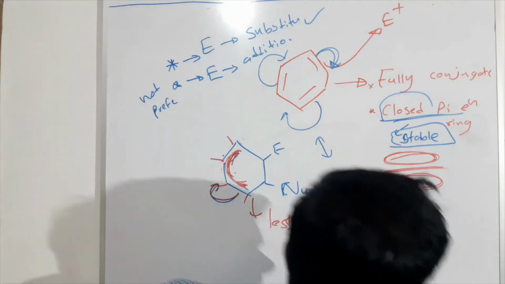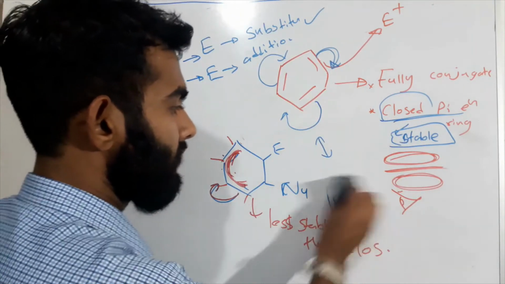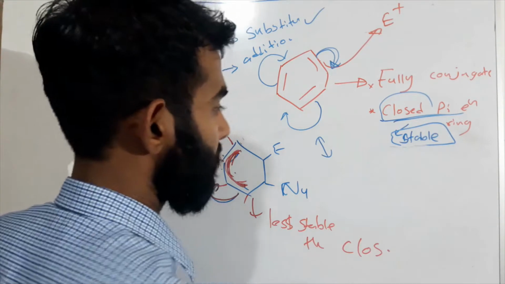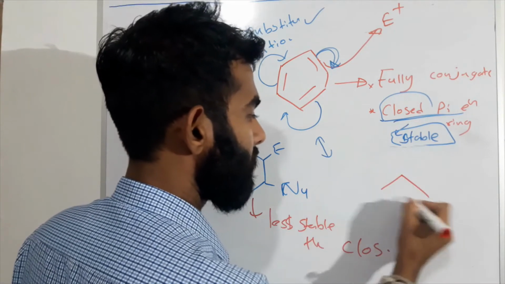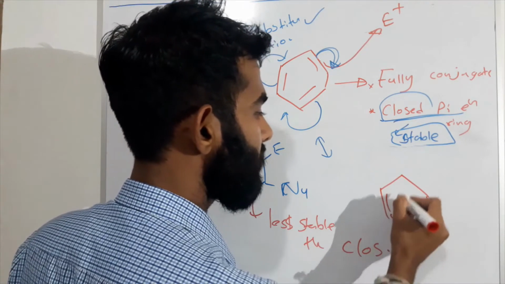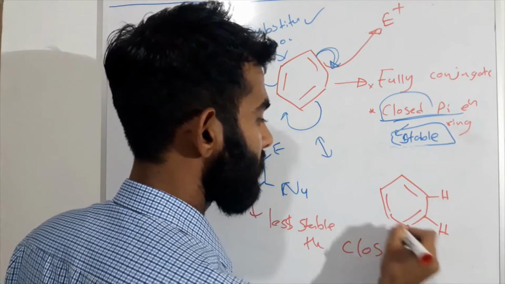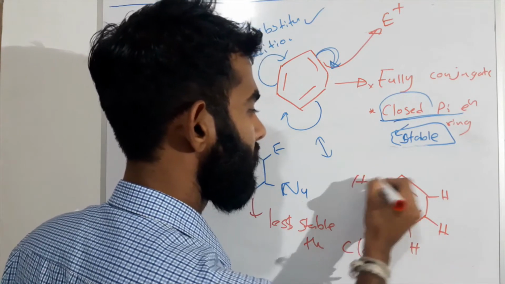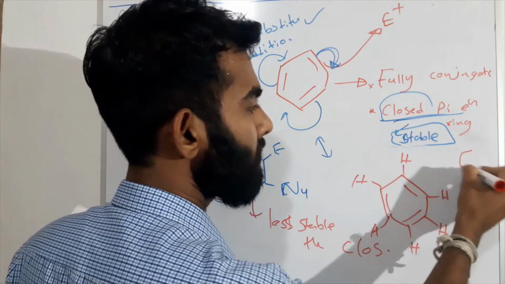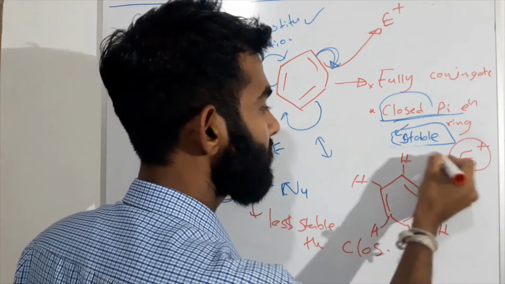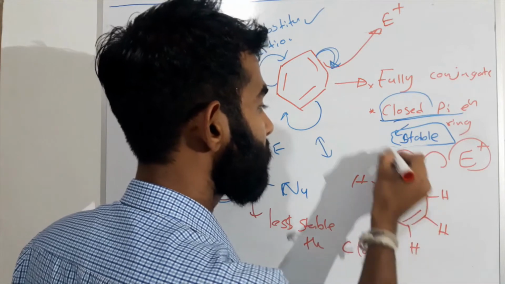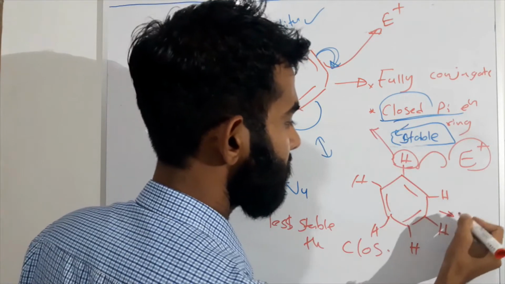What will happen in substitution? In substitution, we know that benzene contains 6 hydrogens bonded peripherally to the carbons. In substitution, an electrophile comes and substitutes, and instead of this hydrogen, the hydrogen will go. What is the product?